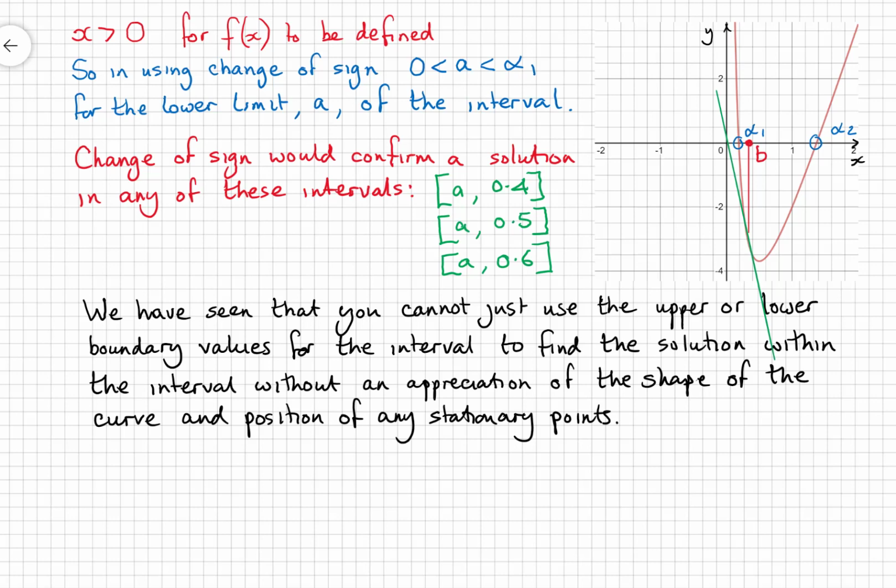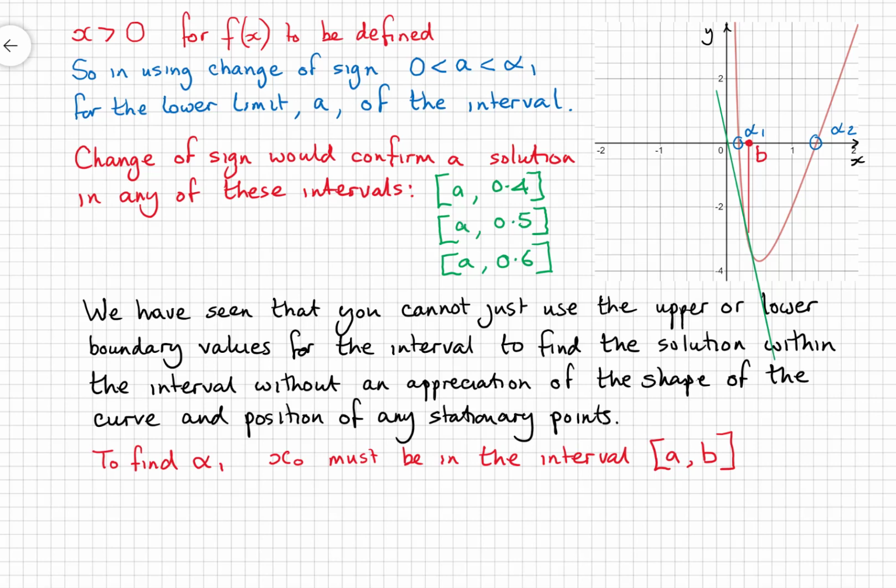How can I select a starting value then to be absolutely certain of finding the root, the solution that I want to find? Well, if I want to find alpha 1, my starting value x0 needs to be between a, the lower limit of the interval in which I found a change of sign, and b, this value that I've just been speaking about.